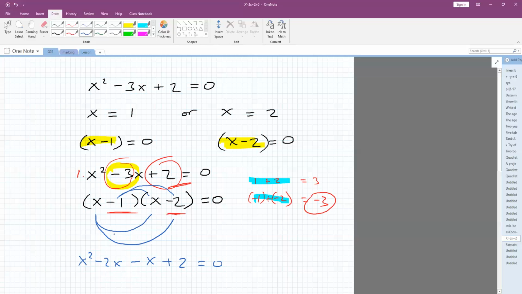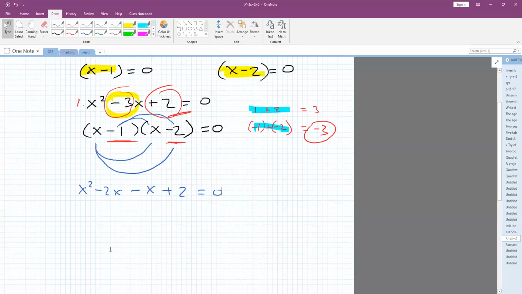So I think this factorization technique is quite useful when you are finding the roots or the solution of a quadratic equation, especially where the numbers in that equation are quite simple, so you can find the combination that gives you these factors.